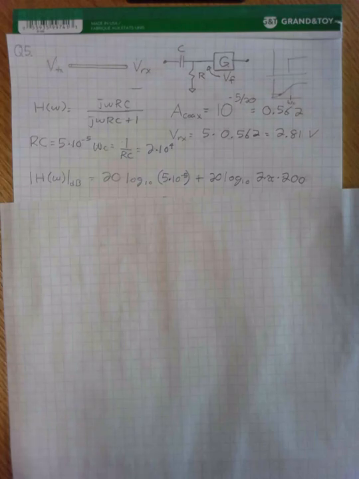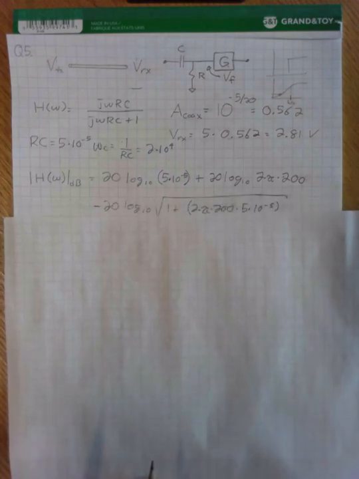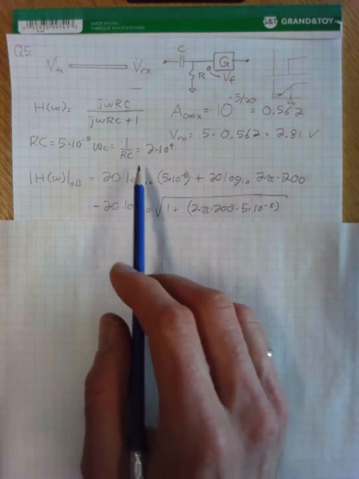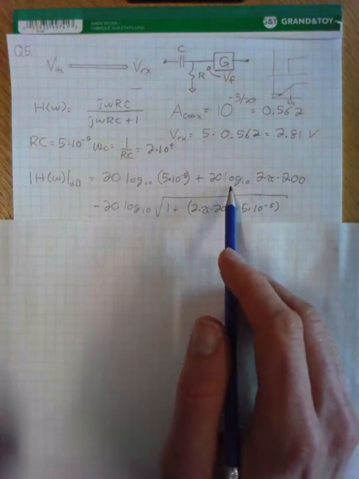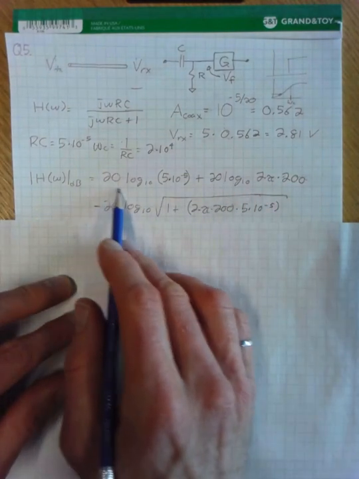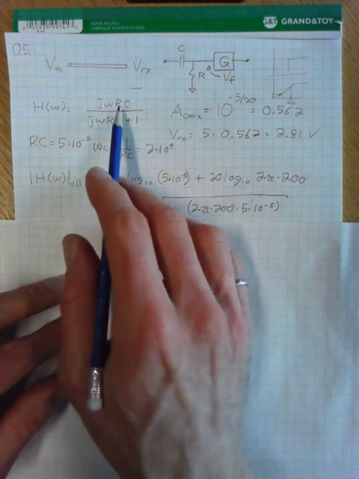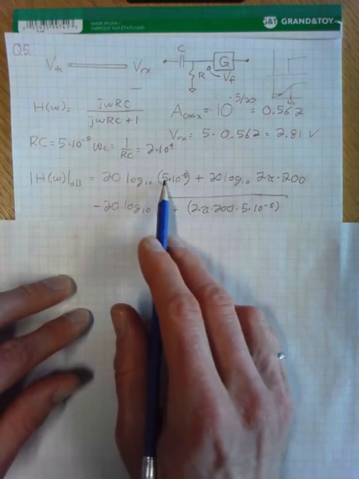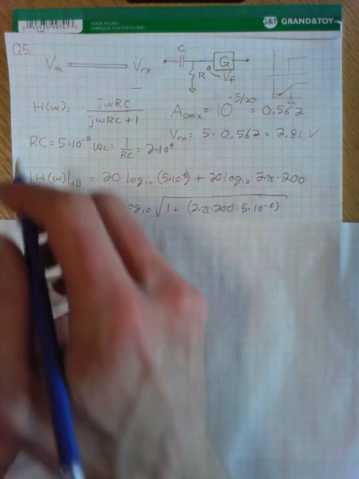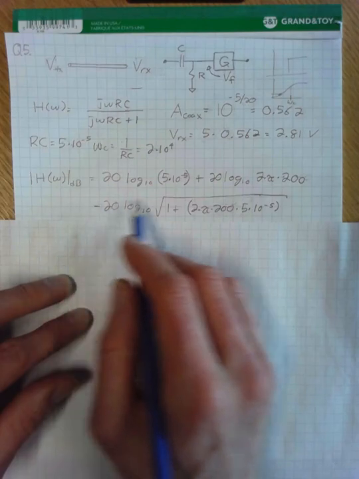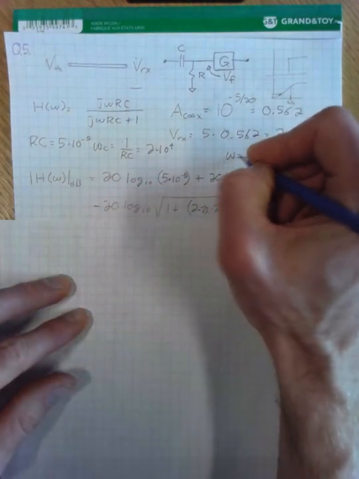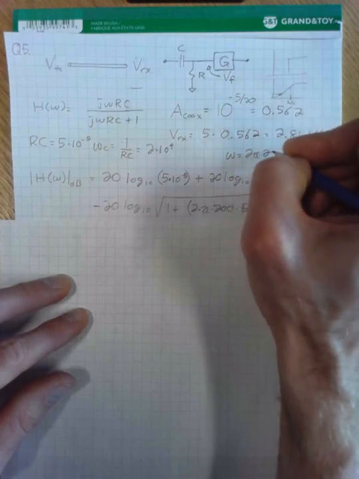But the easiest way to do it is to just use the Bode plot equations and evaluate the Bode plot, recognizing that this has a zero at the origin, a simple pole, and a k factor equal to R times C. Then plug in our RC values, but also our particular value of omega. So rather than plotting this versus omega, we have a particular value: omega is equal to 2 pi times 200.